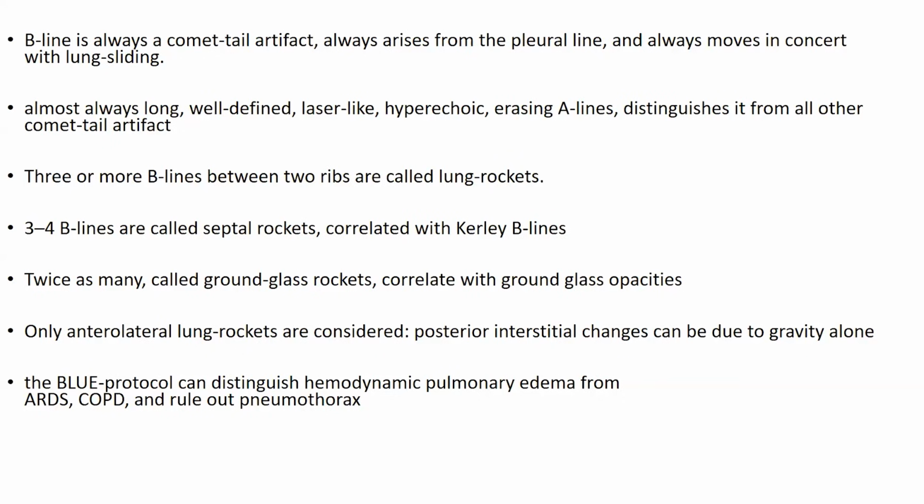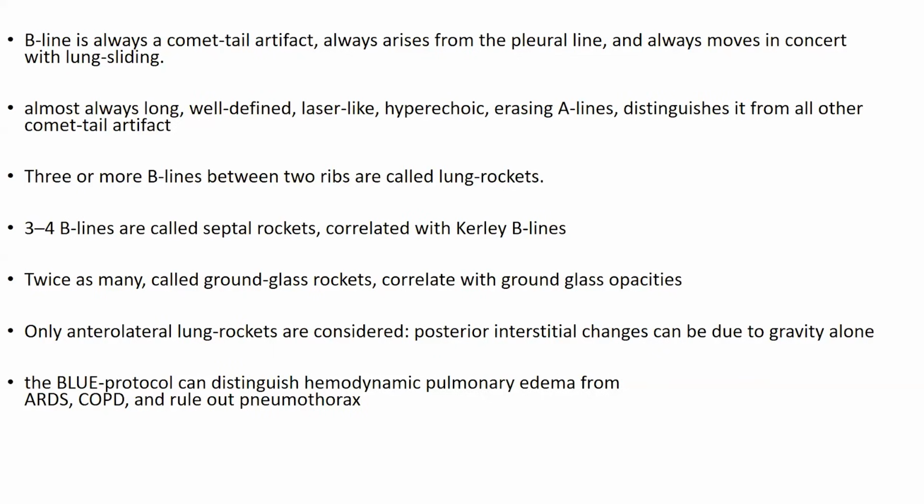So only anterolateral lung rockets, if you can see, are usually because of posterior interstitial changes, which can be due to gravity alone. So they are not to be considered pathological. Important again is that because of these different ways of distinguishing the B lines, you can also distinguish whether this patient is having hemodynamic pulmonary edema or ARDS or COPD.